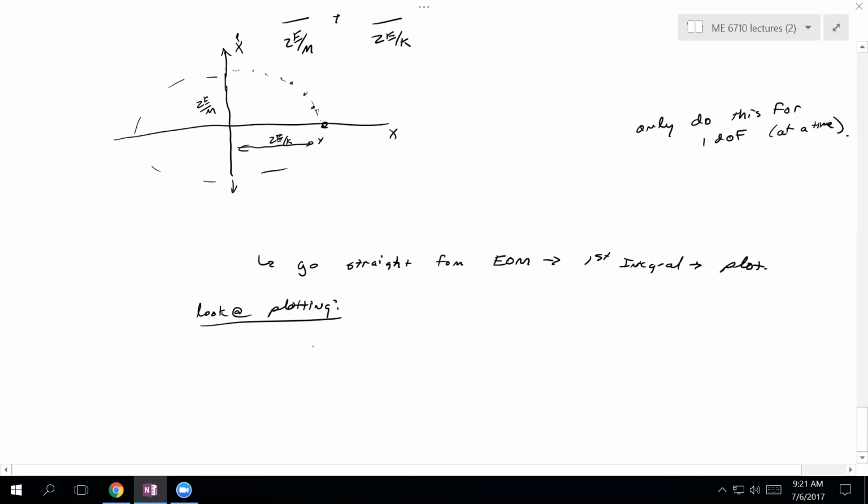I've got my 1/2 m x dot squared plus my 1/2 k x squared equals E. This is the amazing thing in the first integral of motion. It shows us the relationship between these energy methods and these vector methods. We derived this using vector methods, but we took the first integral and got back to an energy method. You can see how everything's related here.